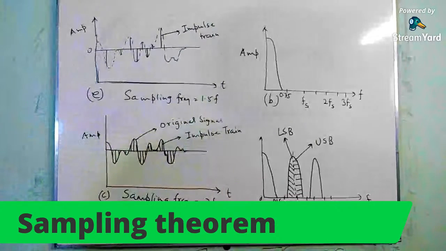So the maximum frequency is f, and I have sampled it at 1.5 f. So that is less than the sampling rate of fs, because according to the Nyquist theorem, it should be twice of f. So this is the undersampling case.